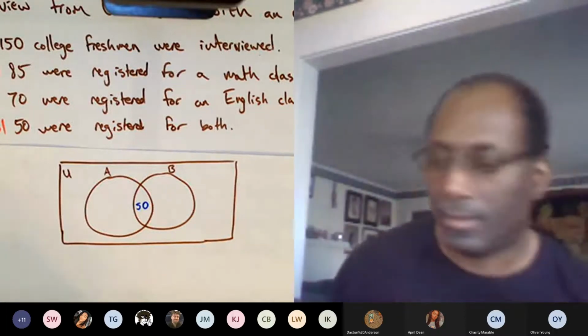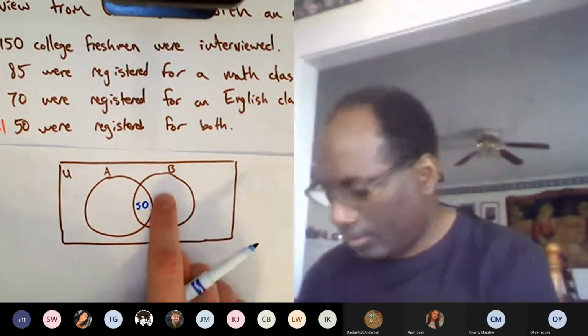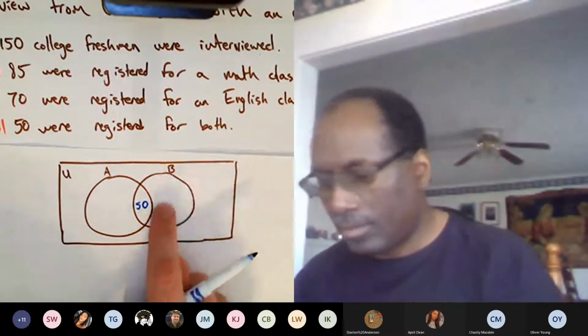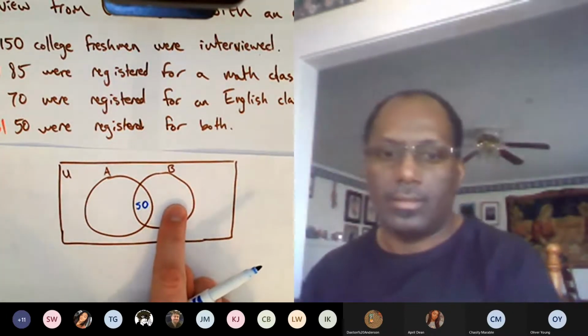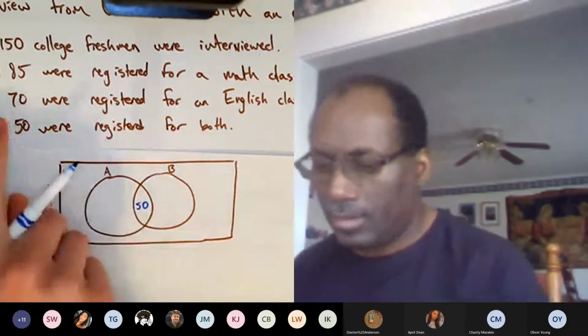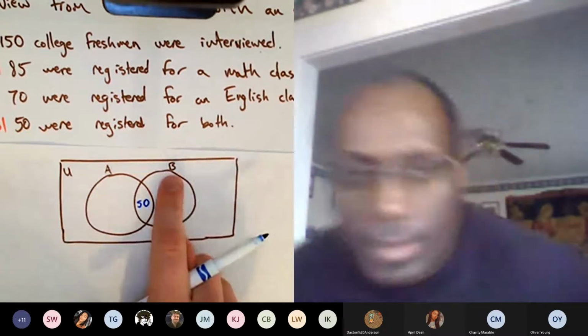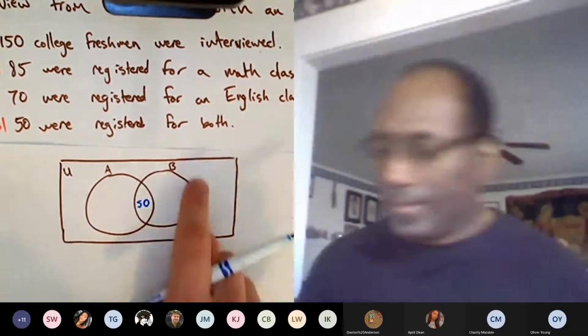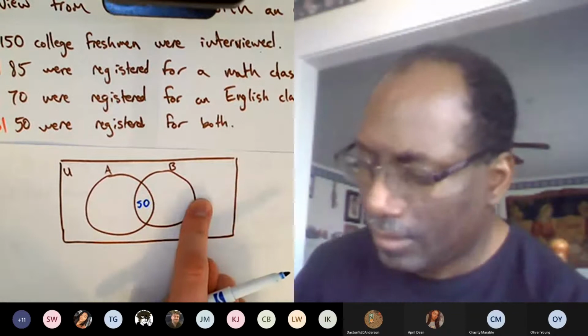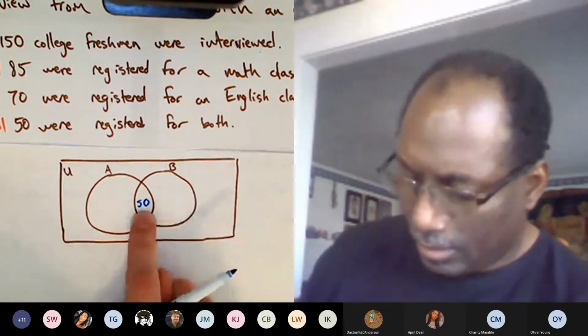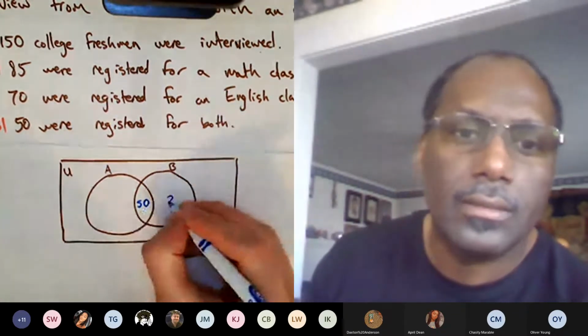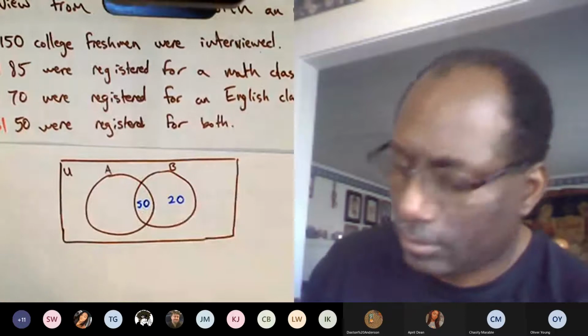All right. So then how many students would live in this section of B over here? I know there are 70 total in B, because B is the English class students. But 50 of them are stuffed over here. So that means there should be 20 over here.